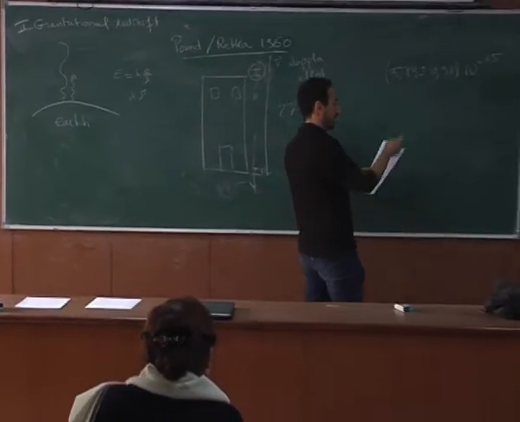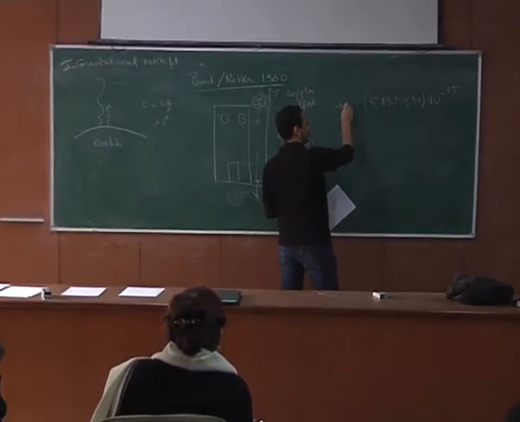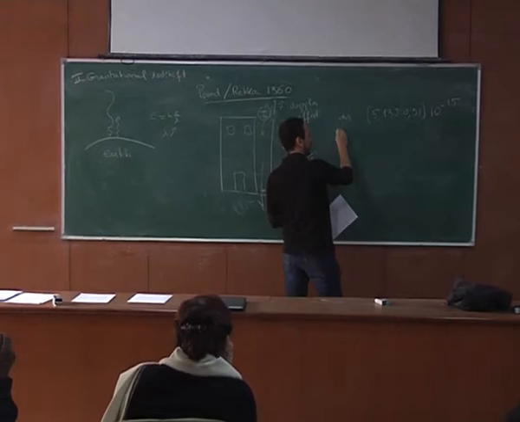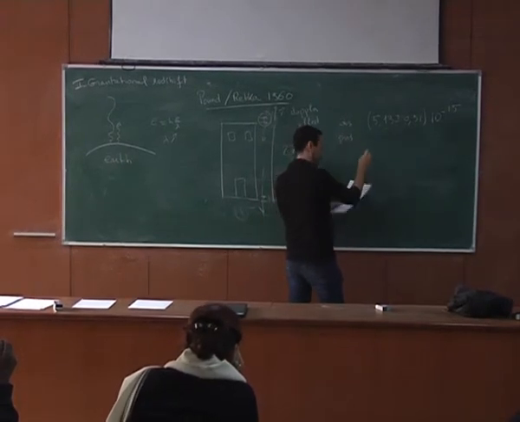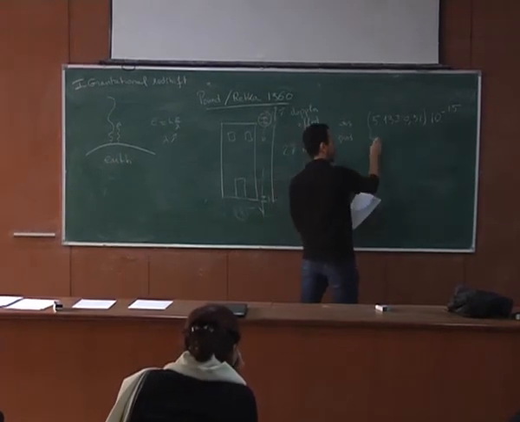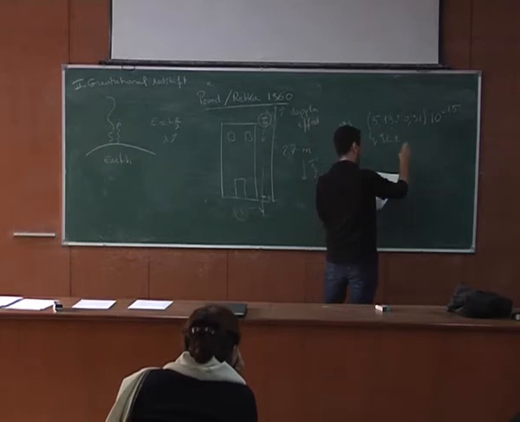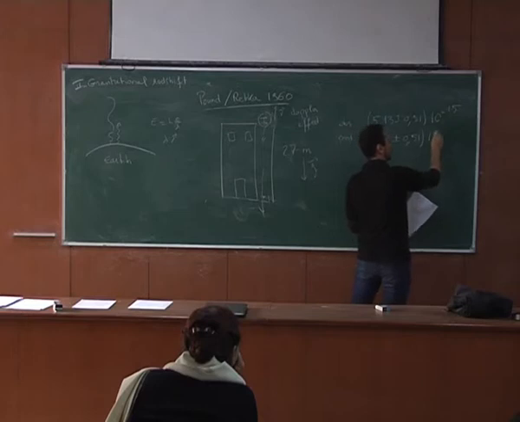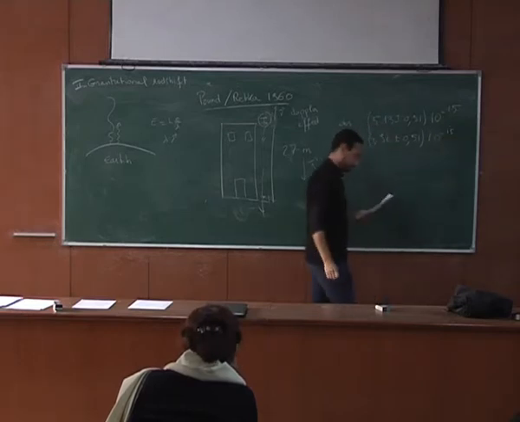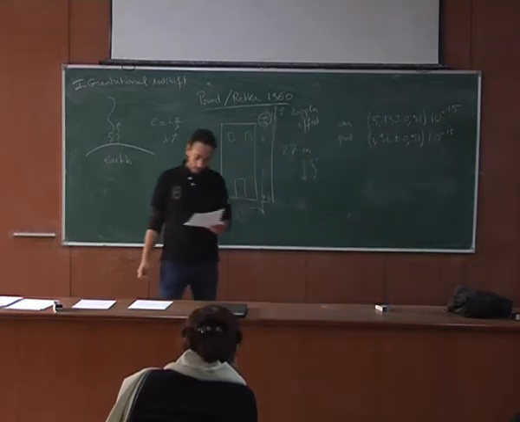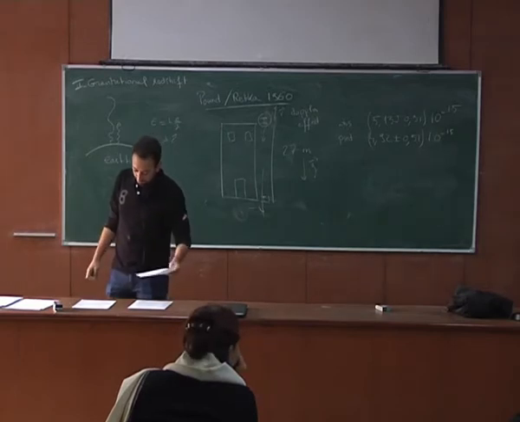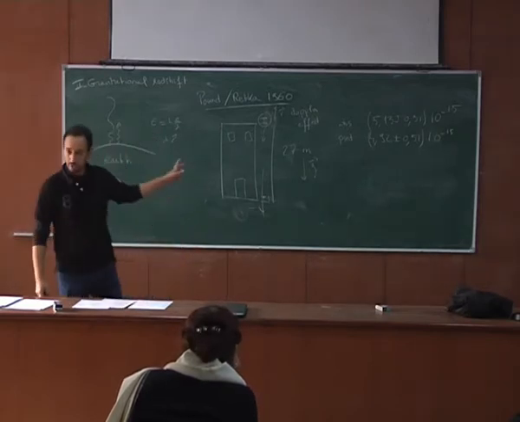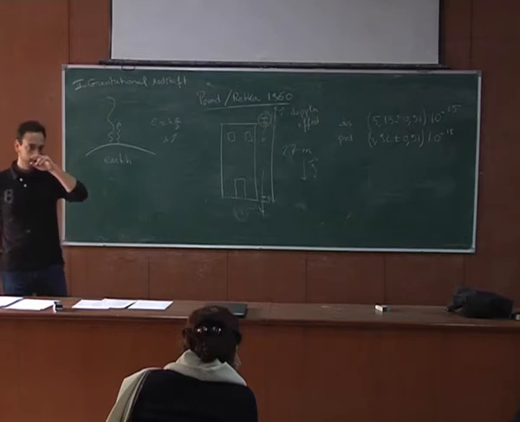So that is the observation. And that is the prediction by general relativity, which is 4.92 plus or minus 0.51, times 10 to the minus 15. Okay, so this is another experiment. I don't know if you have questions on this third one.